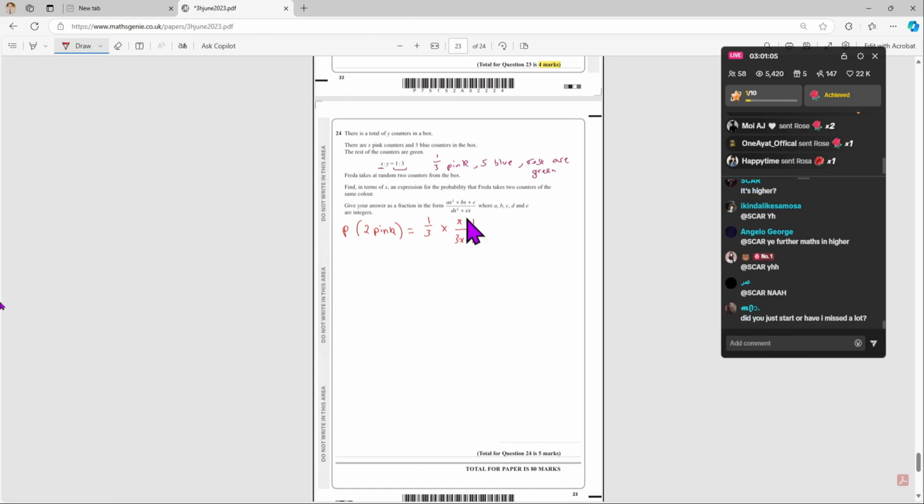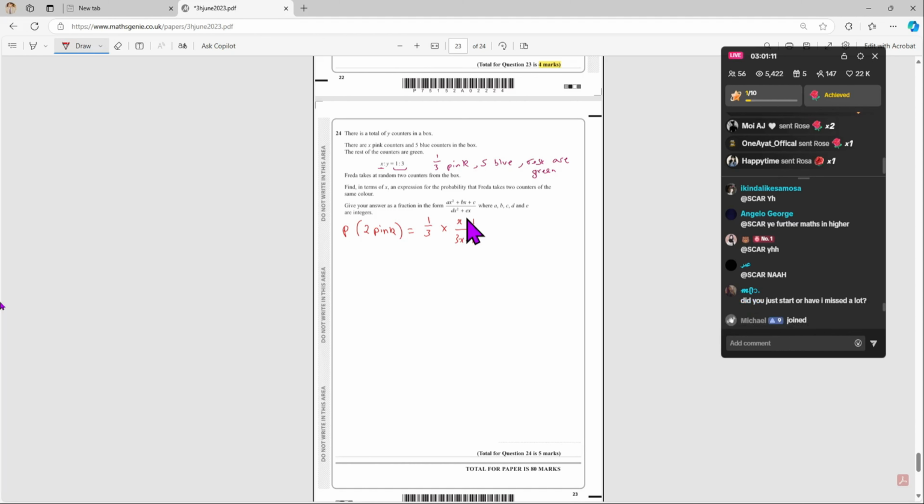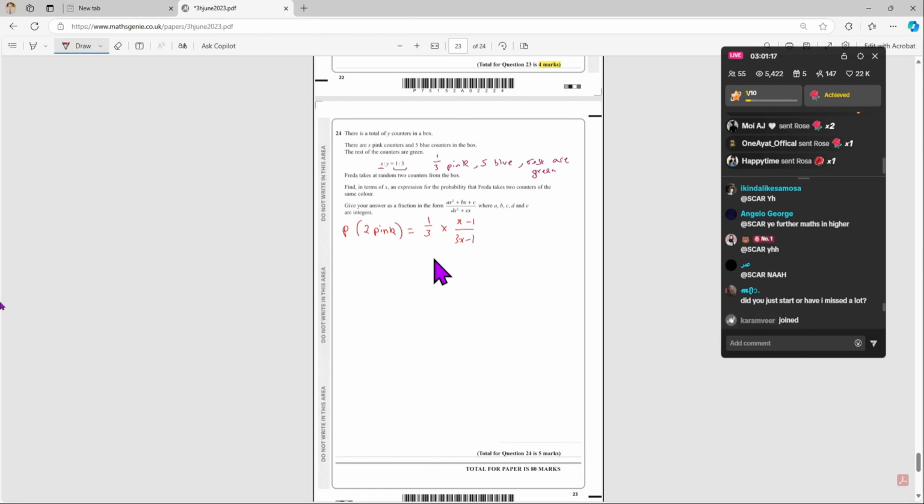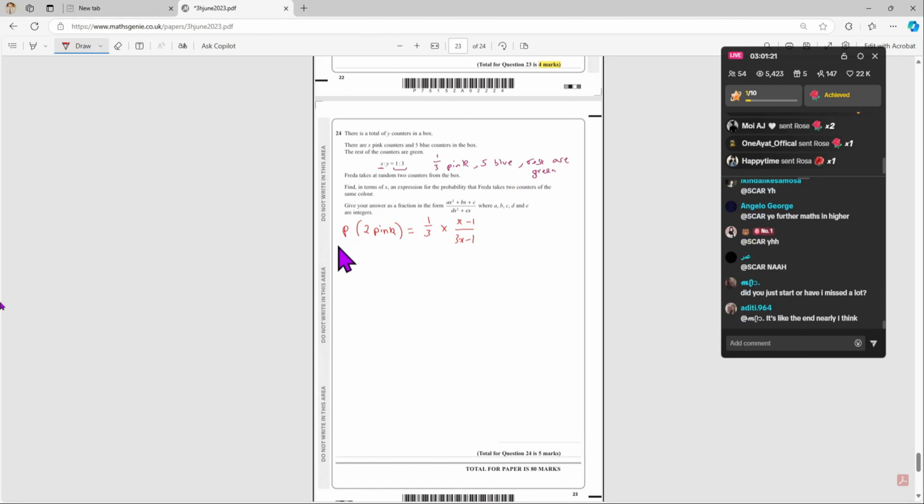You're taking 1 away from the counters because there is 1 less counter left. So we'll leave it like that and multiply it at the end. Then you find the probability of 2 blue counters.